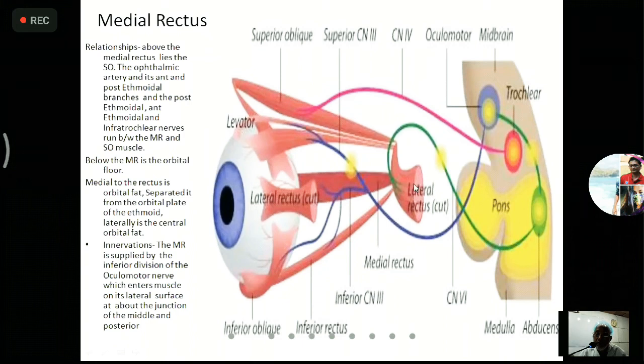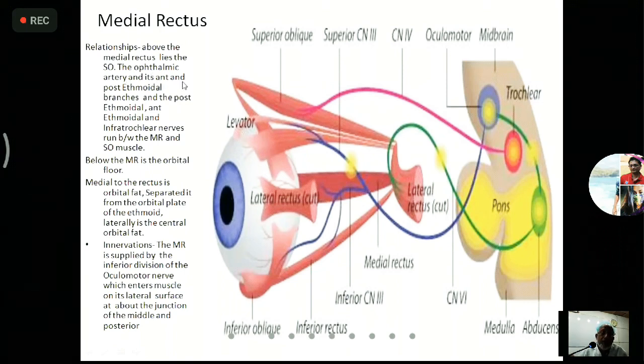This is the medial rectus, and this is the inferior division and upper division. These two divisions, upper division and lower division, and this is the oculomotor nerve. It arises from the brain tissue. This is the midbrain. Okay.